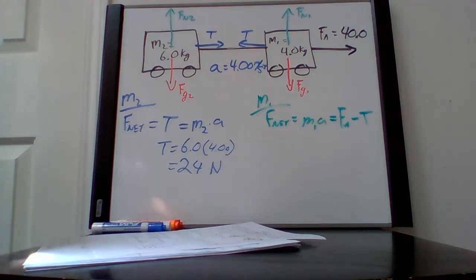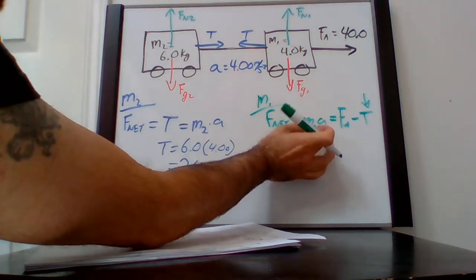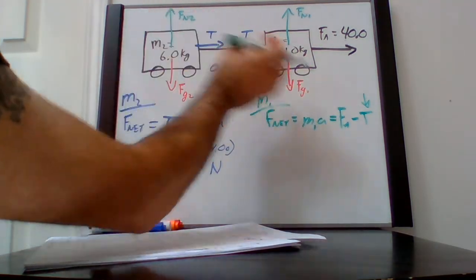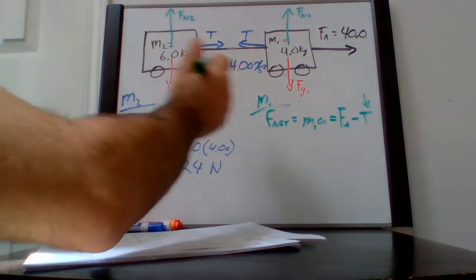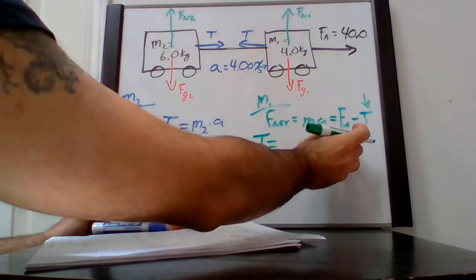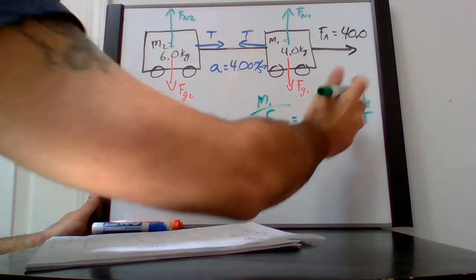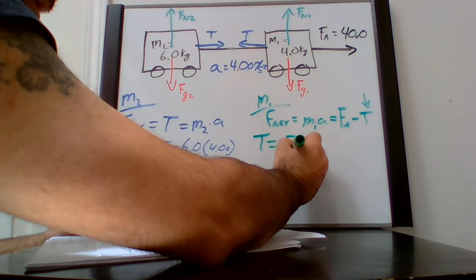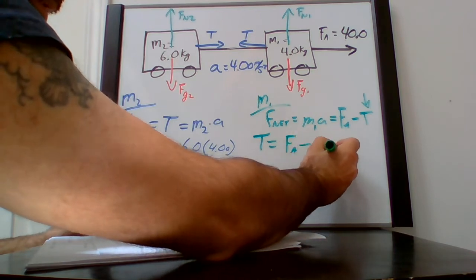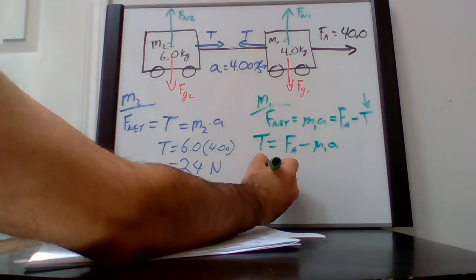I'm trying to solve for tension. I have the mass, I have my acceleration, and I have my F applied. So if I'm looking to solve for my tension, bring that to the other side, and we get F applied minus M1a. Now it's just a matter of plugging in our values.